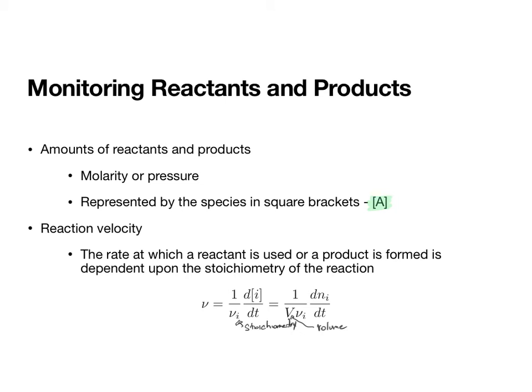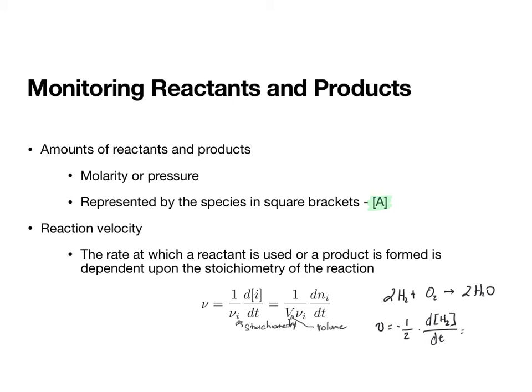So what does this mean? This means that if we have 2H2 plus O2, it goes to form 2H2O. The rate of this reaction, the reaction velocity, is going to be equal to negative 1/2 times the rate of change of H2 with respect to time.